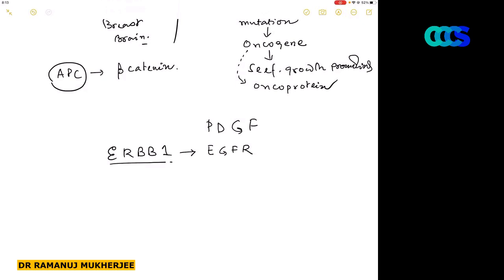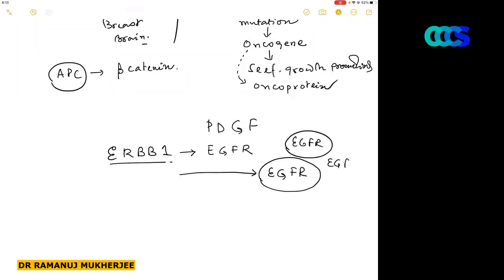The problem is when it becomes mutated and there is an overexpression. If you need one epidermal growth factor, the mutation of the ERBB1 proto-oncogene, which now becomes an oncogene, gives 10 EGFR growth factors. The receptor remains the same, but the growth that happens increases tremendously. The best example of this is seen in adenocarcinoma of the lung, and hence in treatment they use anti-EGFR agents.